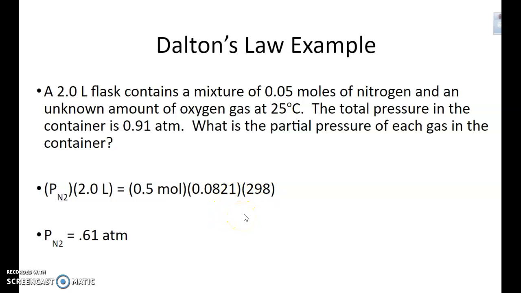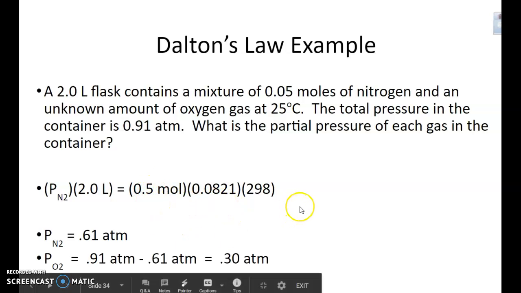When you calculate this, you should get the pressure of just the nitrogen at 0.61. Okay, I'm just going to make sure that's right. Yep, 0.61. Then, because both of those gases are in there, the remainder of it must be the pressure of the oxygen.